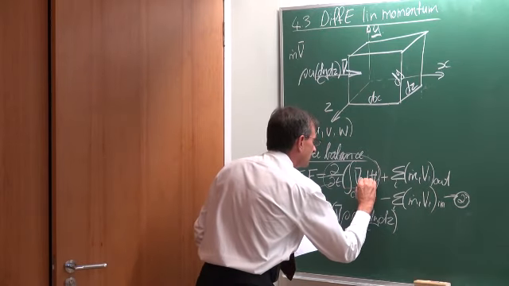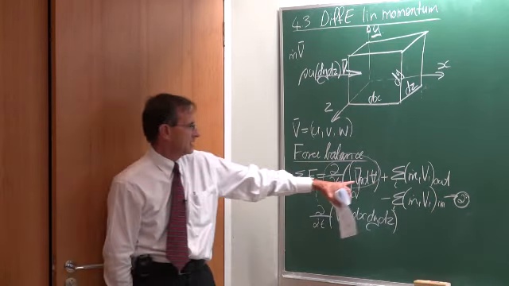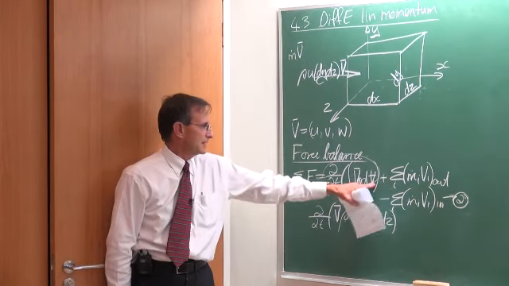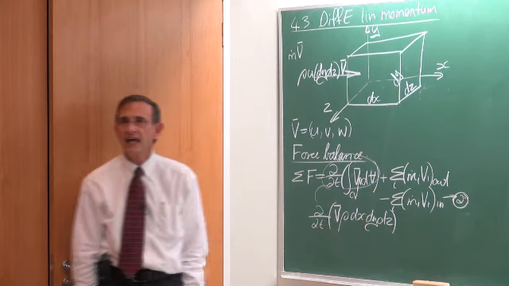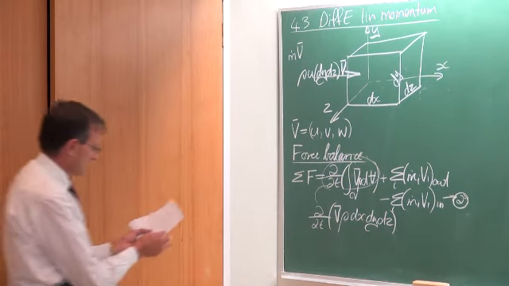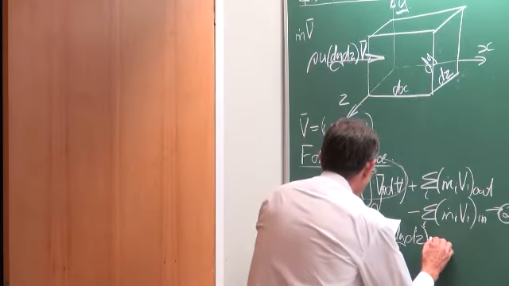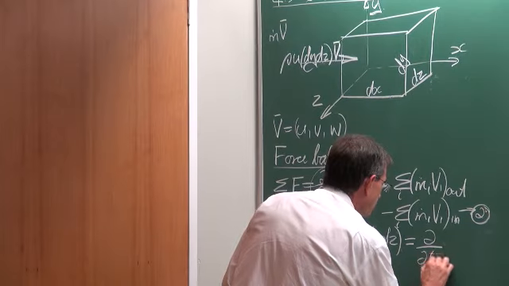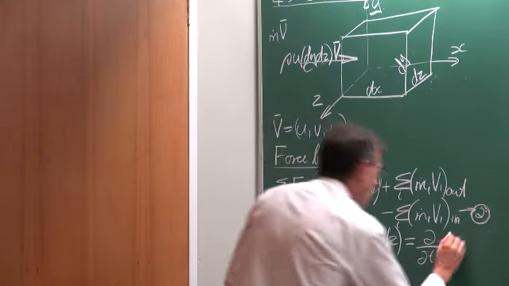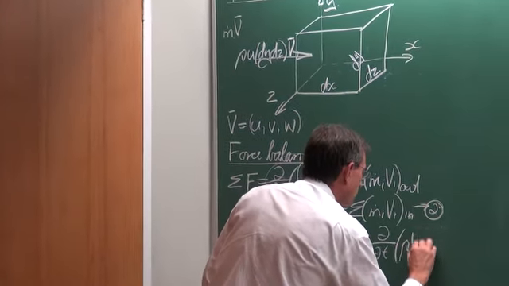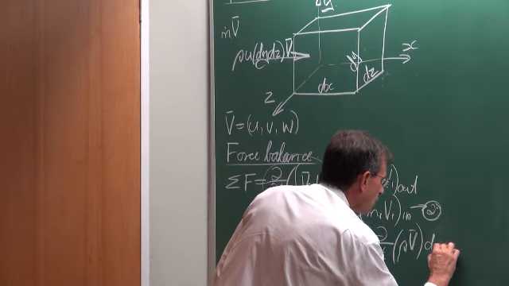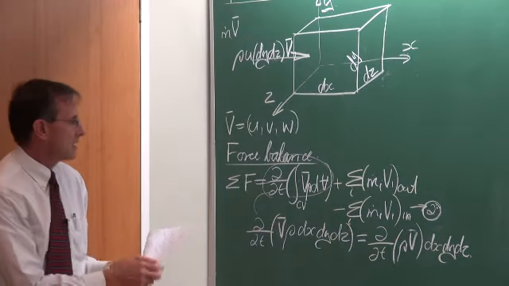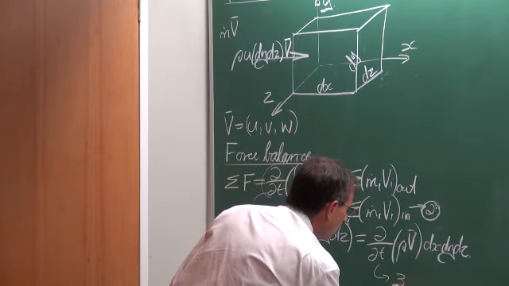There must be a density there. So the velocity vector multiplied by the density and the volume, which is dx, dy, and dz, just as we've done with the previous lecture. It can be written a little bit more neatly as partial d/dt of rho multiplied by the velocity multiplied by dx, dy, and dz. And this will now be equation 3.